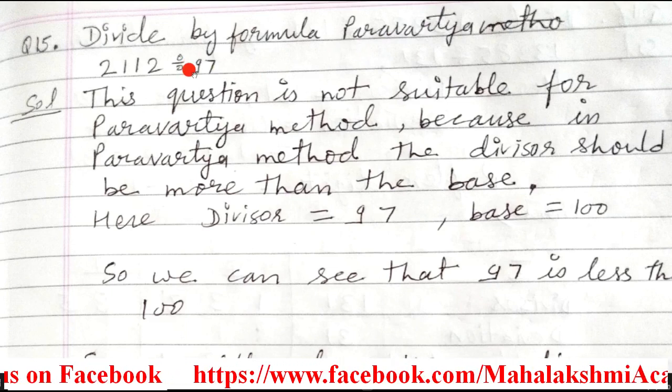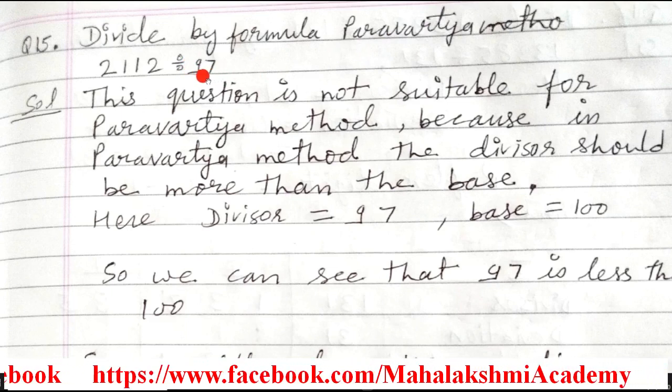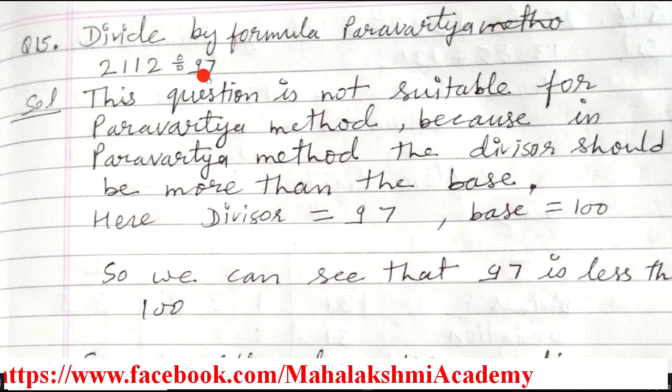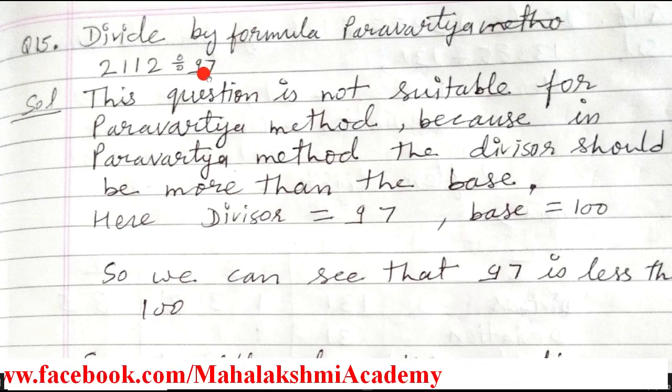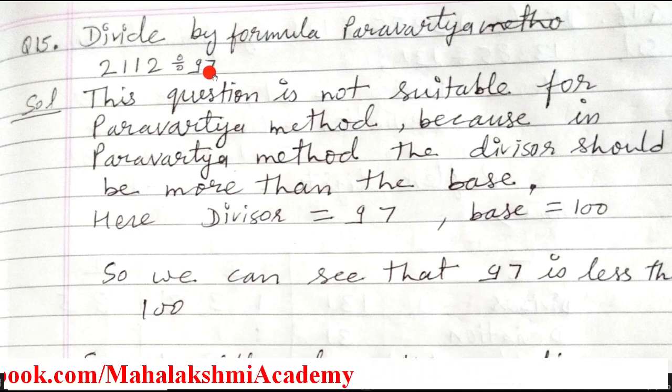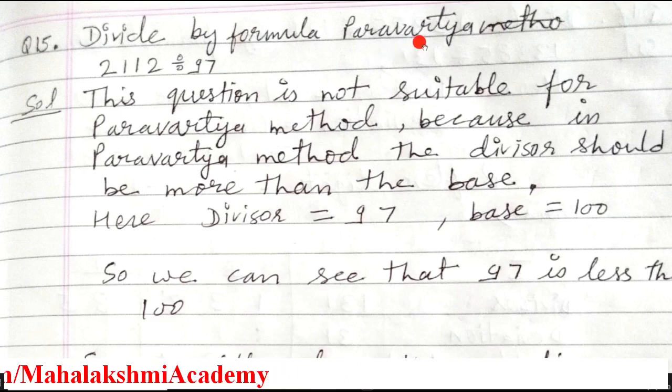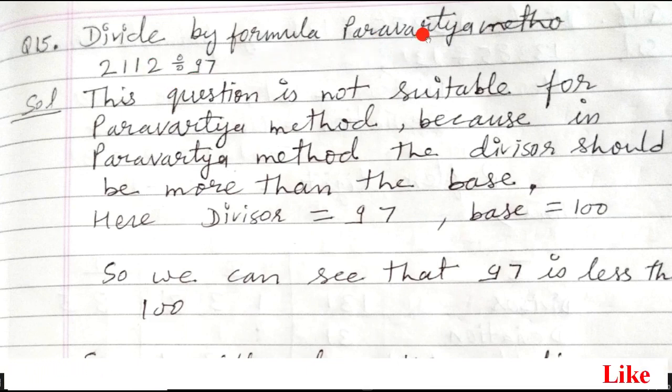So here just see, what is the divisor here? 97, and this 97 is near to 100, but it is less, so this question is not appropriate for the Parvartiya method. As I mentioned, I am repeating again, it's very important. When you obtain the question and if a particular method is written there, first you should find out whether this question is appropriate for the method or not.